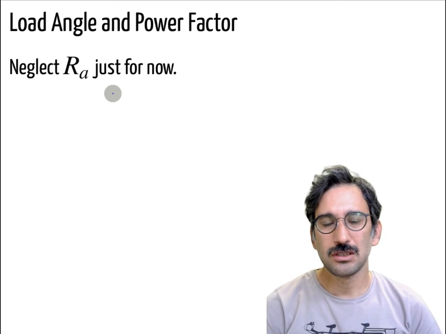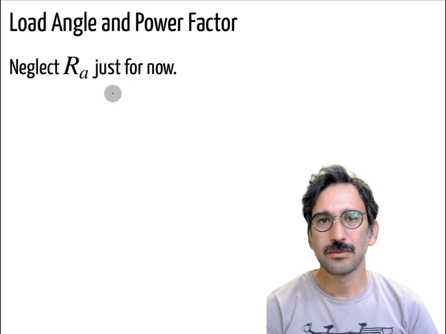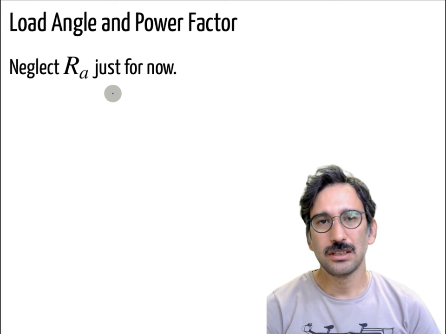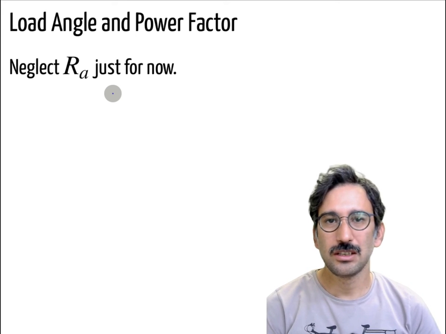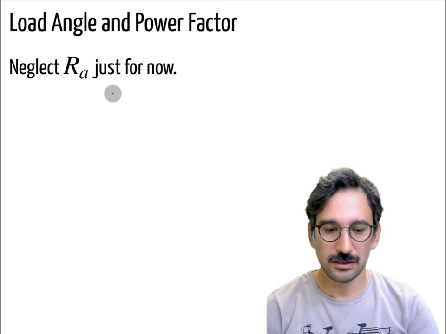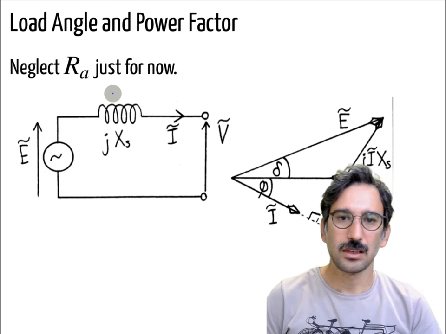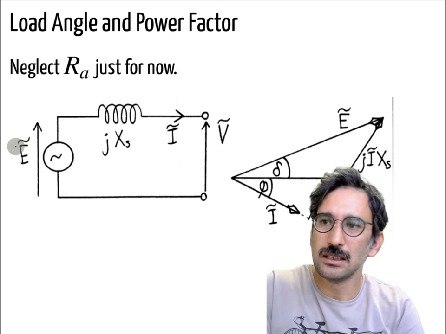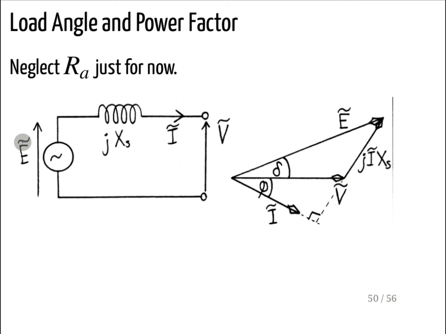Just for simplification, for now let's neglect RA, as if the machine is 100% efficient, with no resistance voltage drop in the stator windings. That is the simplest model that you can have. So here you have the induced voltage, EF, which is shown either by E or EF.